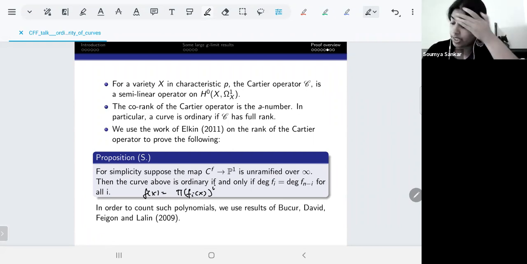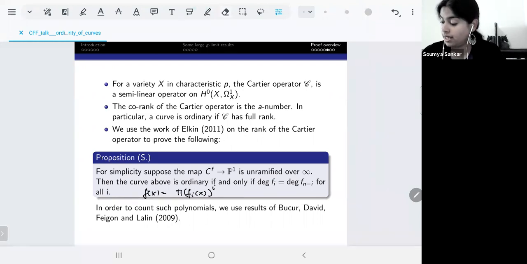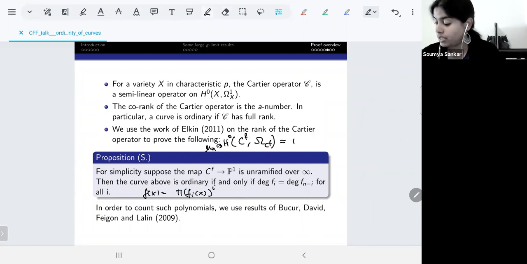So I should say something about the proof here. What Elkin does is that they look at the action. So first of all, because a superelliptic curve, so let's say C_f, this is a superelliptic curve, this comes with an action of the nth roots of unity, right? So the space of differentials also breaks up into very nice eigenspaces of this action.